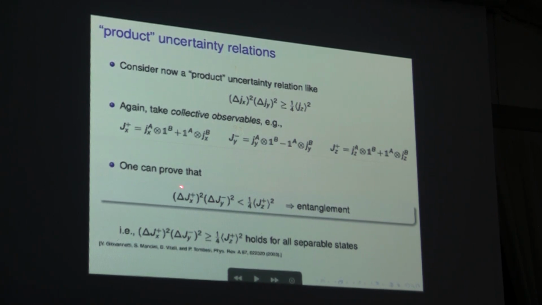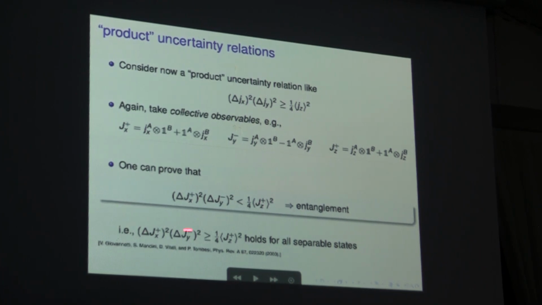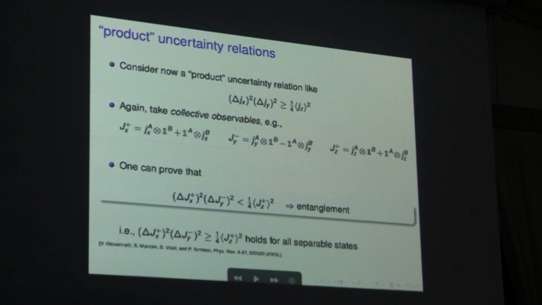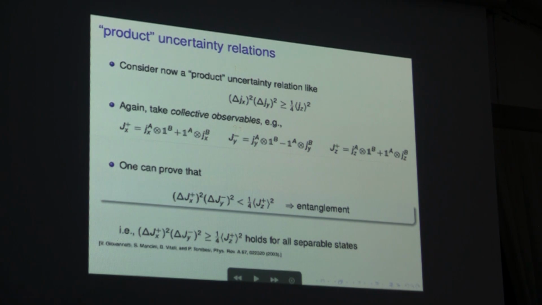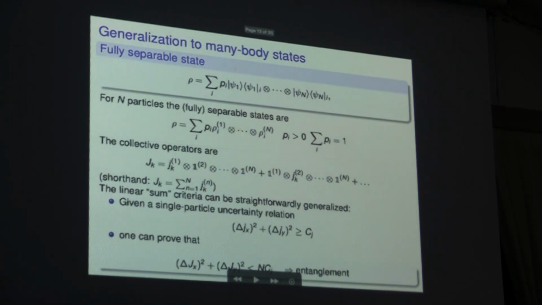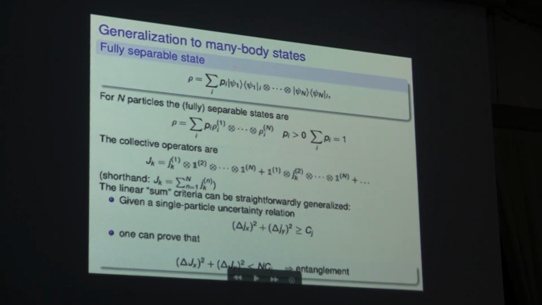You can show that this inequality is also a criterion valid for all separable states. By measuring these quantities and checking this threshold, you can tell whether you had entanglement in the system or not. Or at least you don't know. But if you go below the threshold, you certainly know.